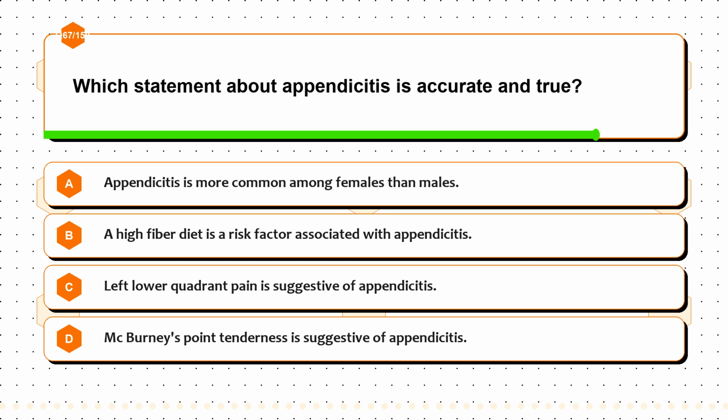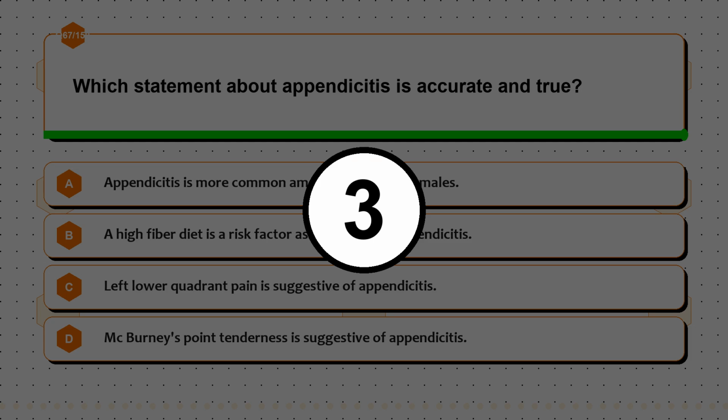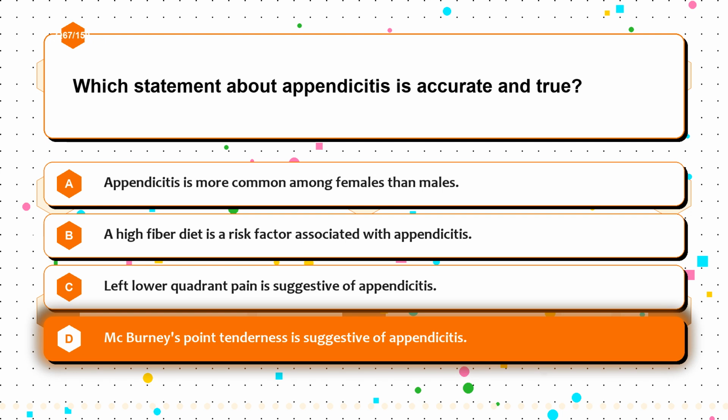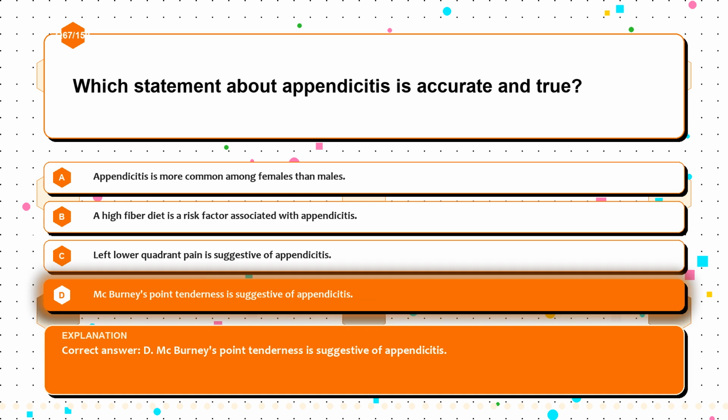Option D, McBurney's point tenderness is suggestive of appendicitis. The correct answer is option D. McBurney's point tenderness is suggestive of appendicitis. Correct answer D. McBurney's point tenderness is suggestive of appendicitis.